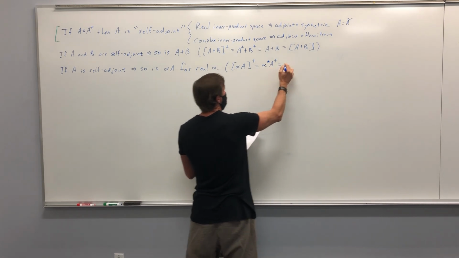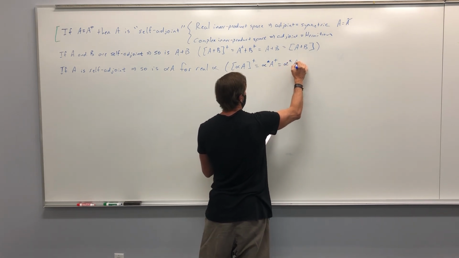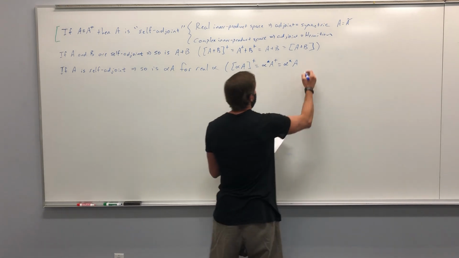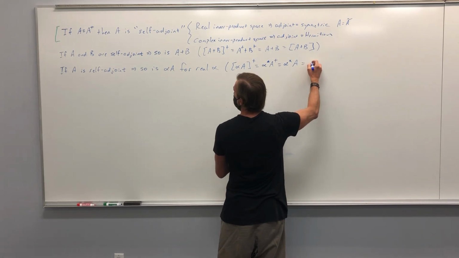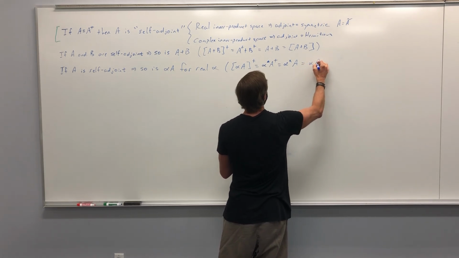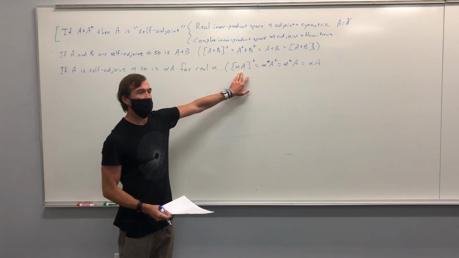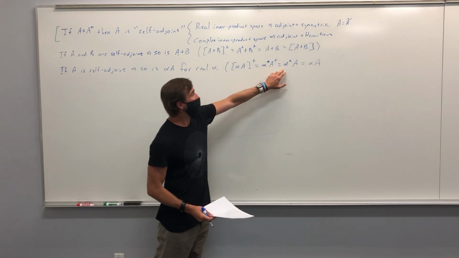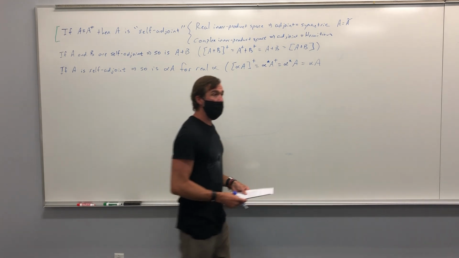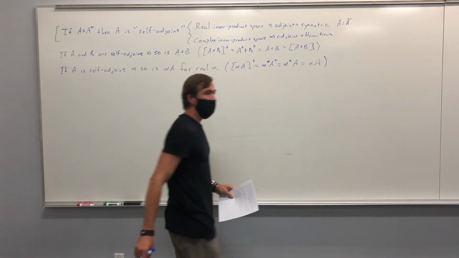But if A is self-adjoint, that's equal to that. And you want this to be equal to what you started with, and that's only true if alpha star is equal to alpha, that is, if alpha is real.